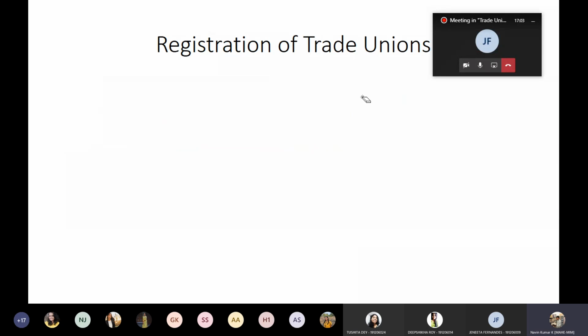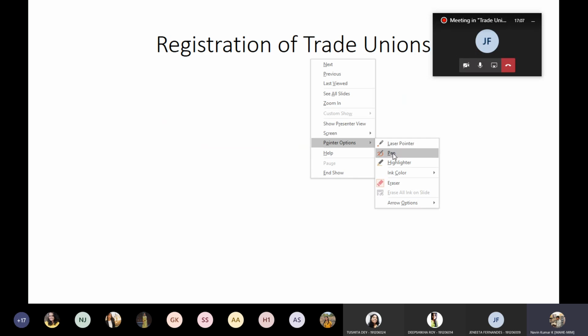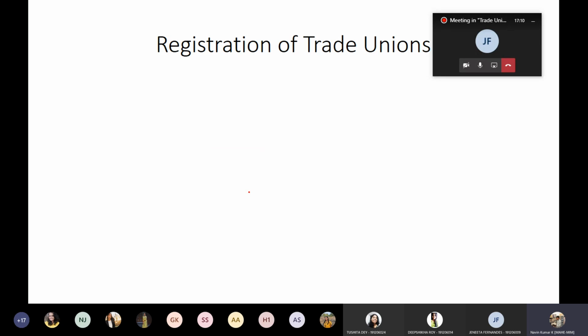Yes, registration of the union, very, very important. Why should you know about registration of the union? Because you can be a consultant. Suppose you are working for an organization and you want to guide the workmen or employees to register a trade union.